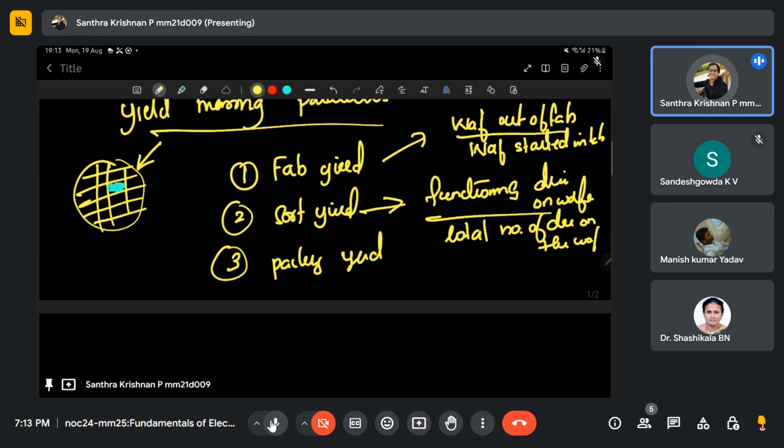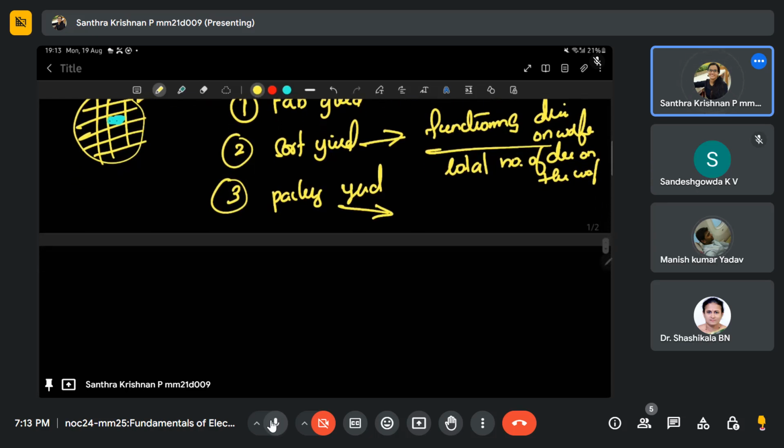And finally you have the packaging yield. Even after all this, there is one more set of testing, and packaging yield gives the ratio of the total number of packaged dies which pass final electrical testing to the number of good dies started for packaging.